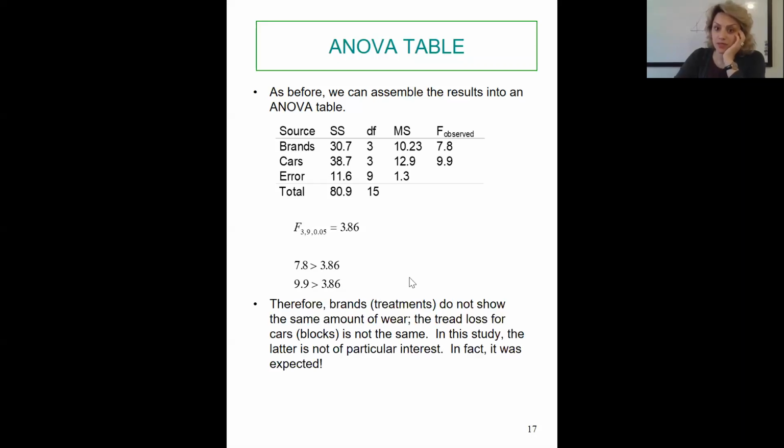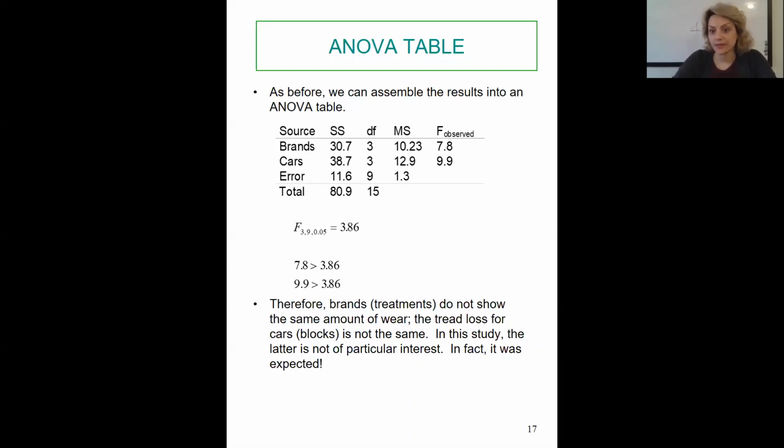So let's see what the conclusion is. Therefore, the brands or treatments that we have, so we said we have 4 different tires, right? The 4 different brands do not show the same amount of wear. The tread loss for cars, or blocks, is not the same either. In this study, the latter is not of particular interest.